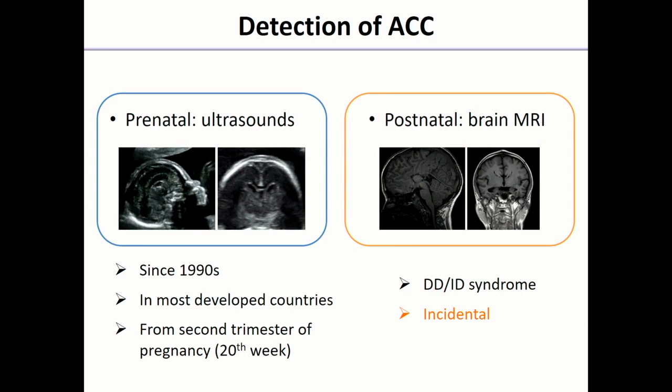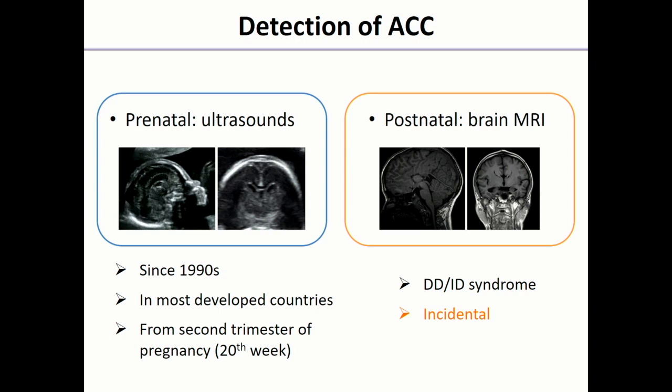So now we reach the purpose of this session: how agenesis of the corpus callosum is detected. In most developed countries, since the 1980s, it's detected prenatally from the second trimester of the pregnancy, around the 20th week.